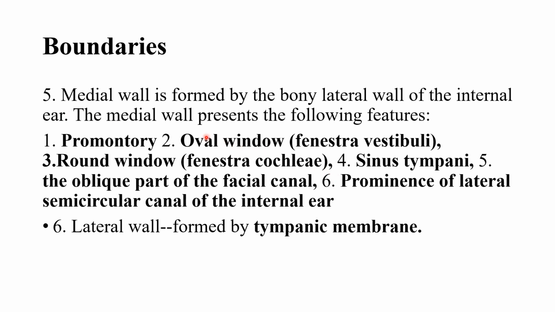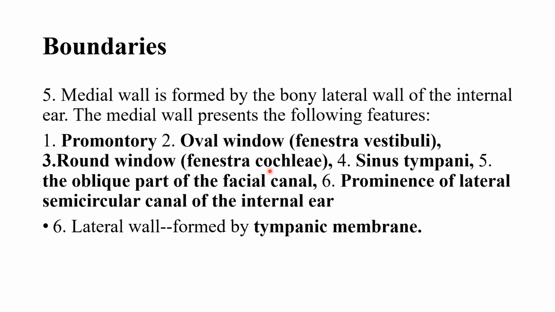So then the next one is the oval window. Now this oval window and round window, we have seen two in the diagram. They have special names. Fenestra means window: fenestra vestibuli and fenestra cochleae. Now this oval window is closed by the base of stapes and annular ligament.